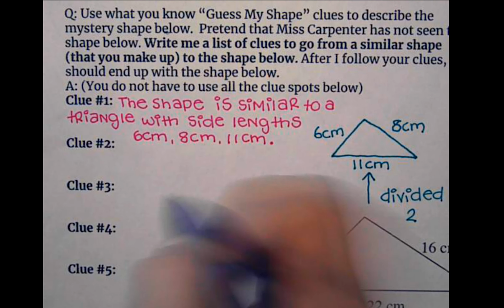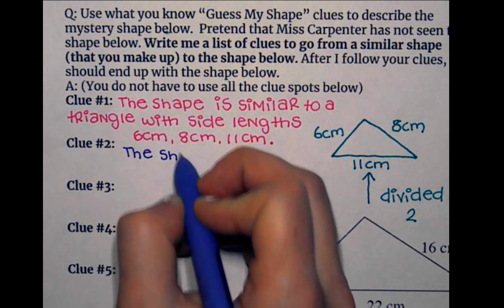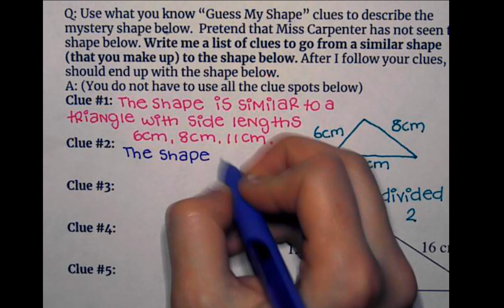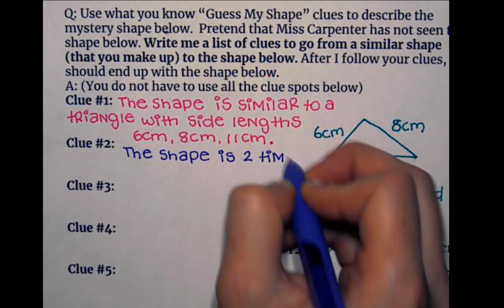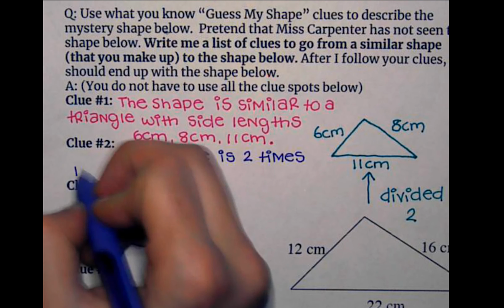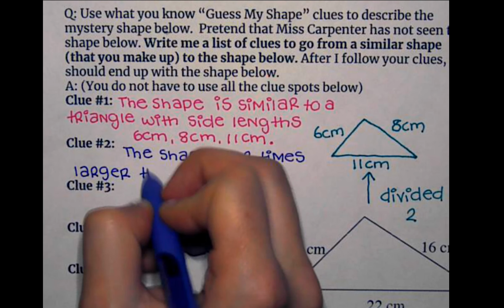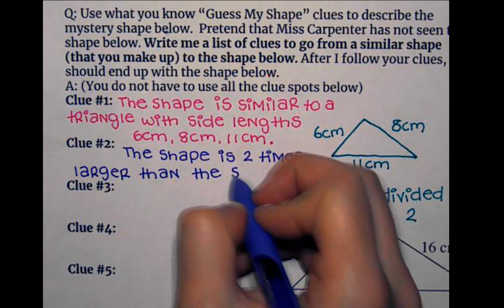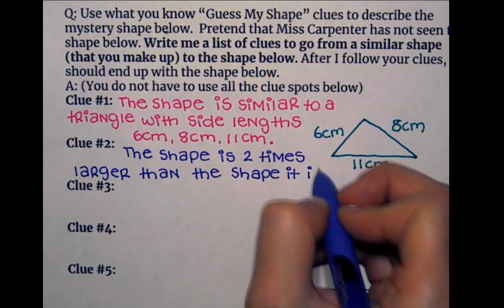And now I'm going to tell you that the shape, and the shape we're talking about, remember, is this one. The shape is 2 times larger than the shape it is similar to.